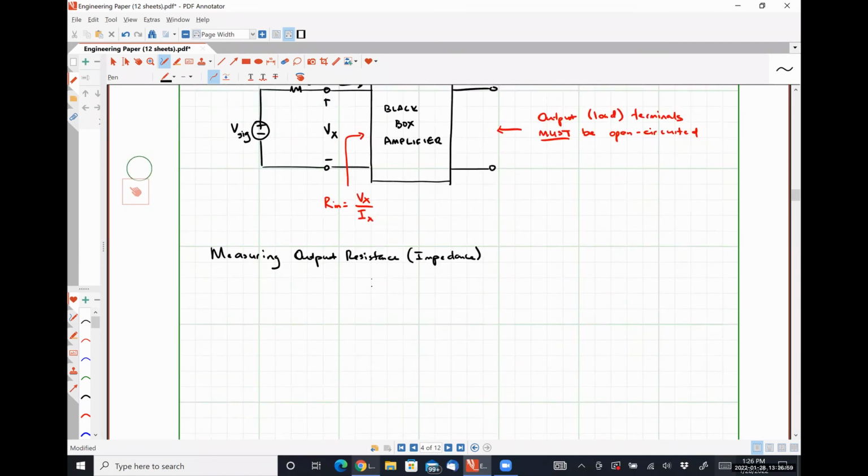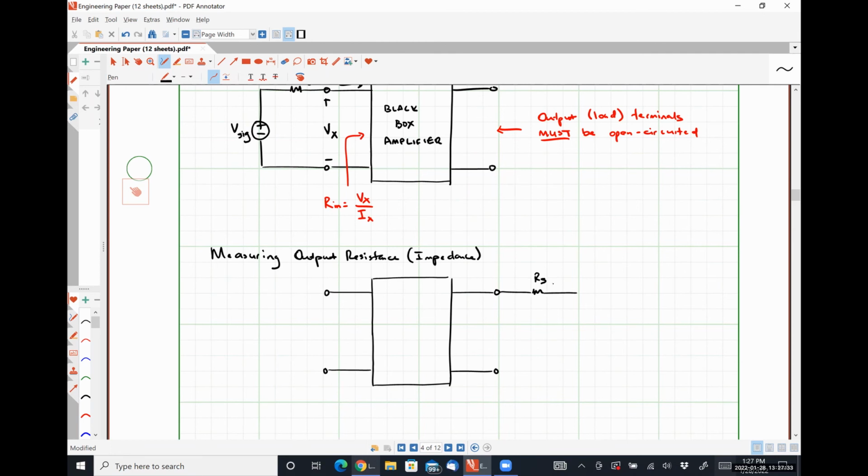If we have a generic black box amplifier, we are going to apply our test circuitry to the output side.